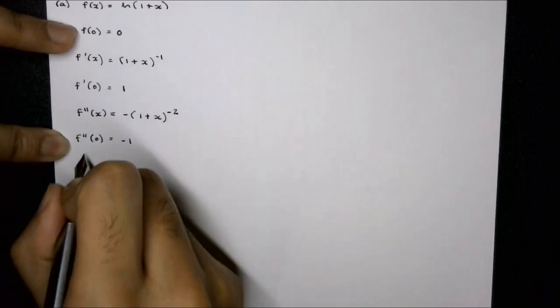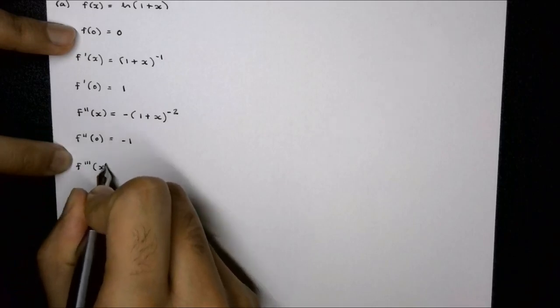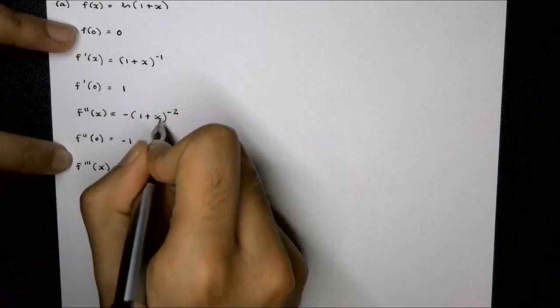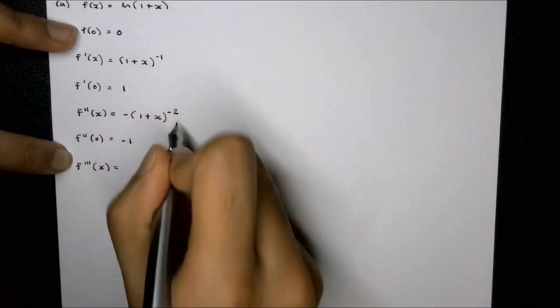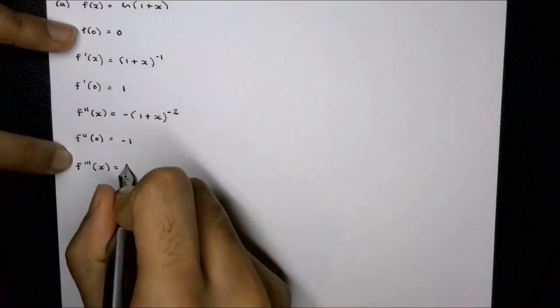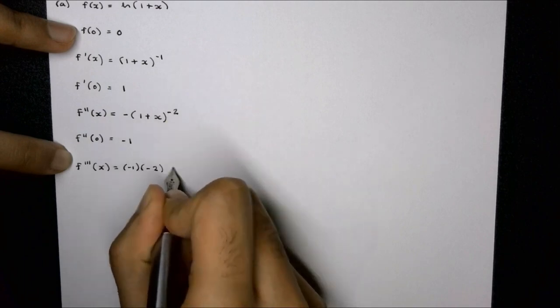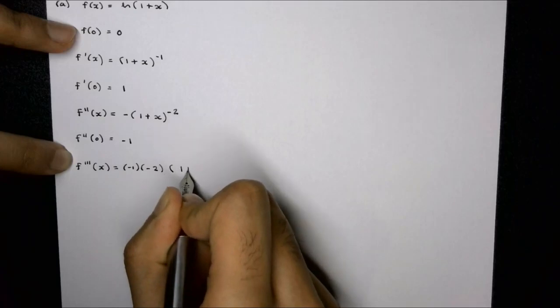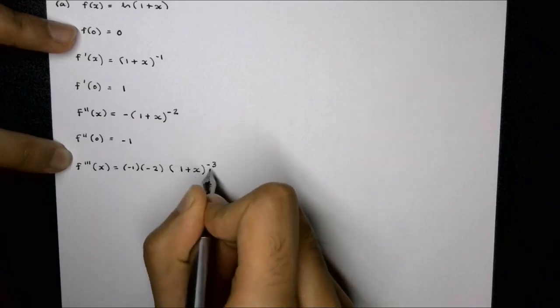If we work out the third derivative, differentiating this result again, well, we've got the minus 1 times by the minus 2, so I'm going to rewrite this as minus 1 times by minus 2 times by 1 plus x to the power of minus 3.